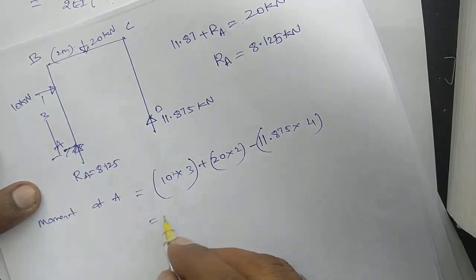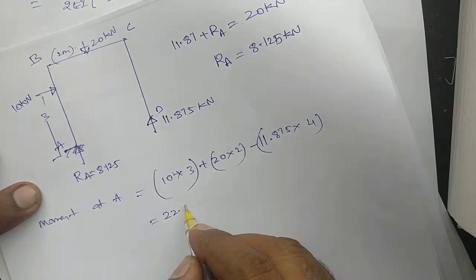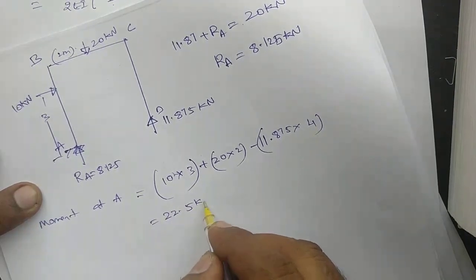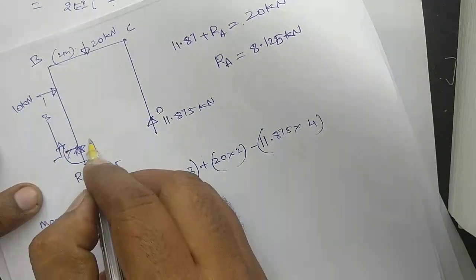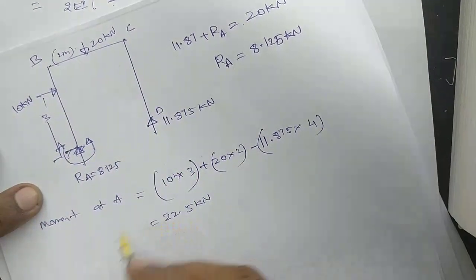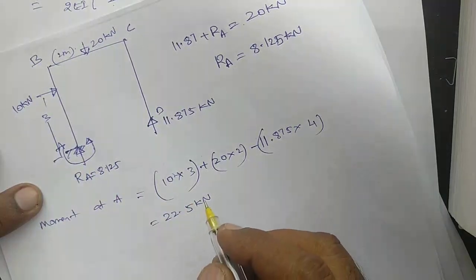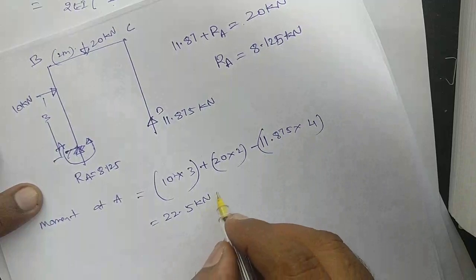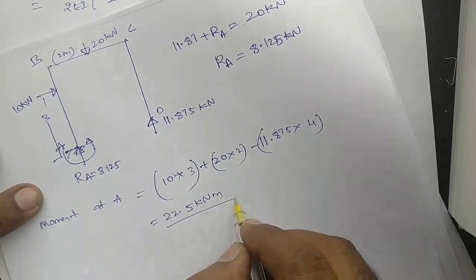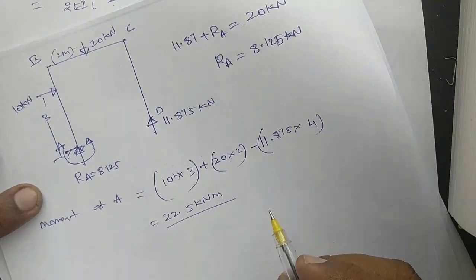This will come as 22.5 kilonewton meter, and your direction will be anti-clockwise. Moment at A. This is how we will solve the problem.